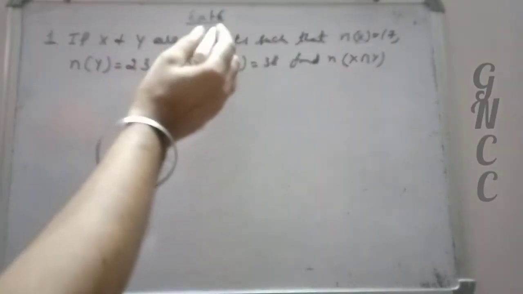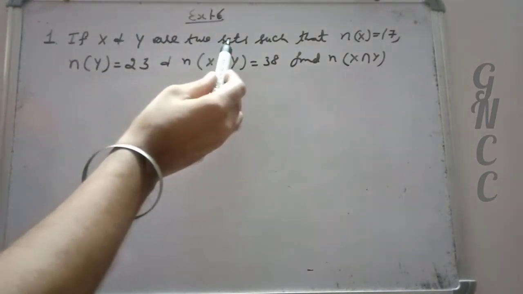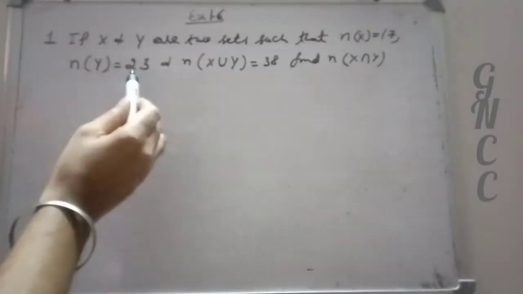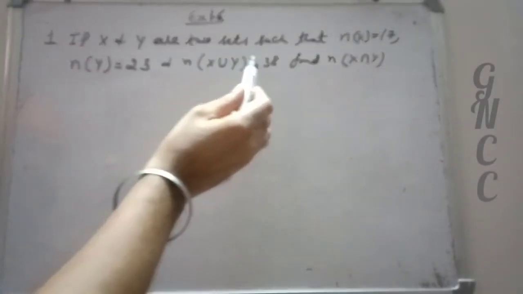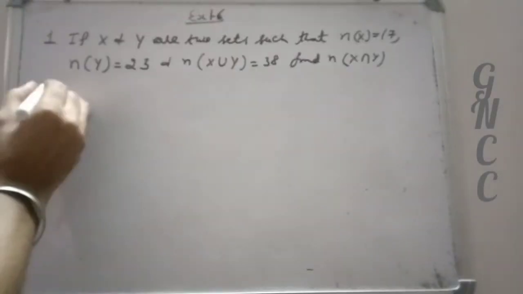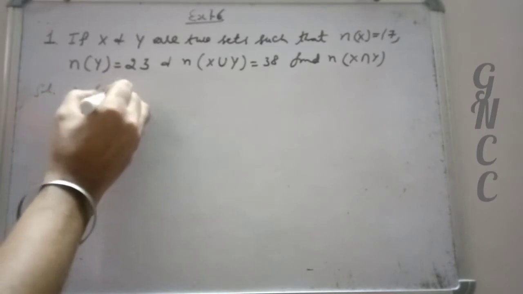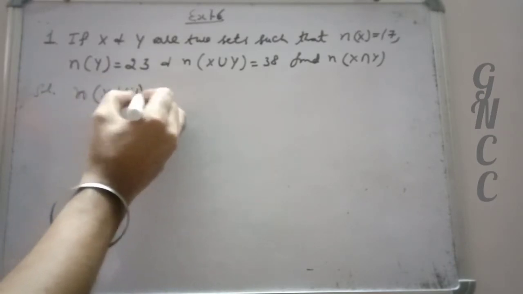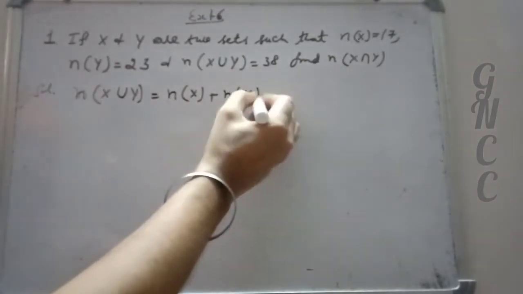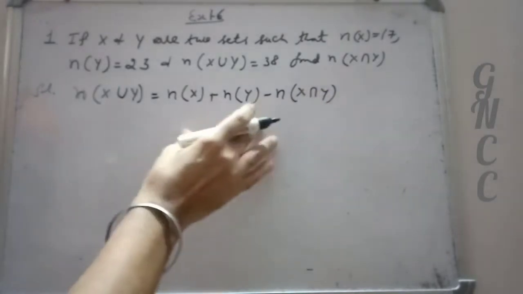Exercise 1.6. First question is, if X and Y are two sets such that n(X) equal to 17, n(Y) equal to 23 and n(X union Y) equal to 38, find n(X intersection Y). So our formula is n(X union Y) equal to n(X) plus n(Y) minus n(X intersection Y). You have to put the value.